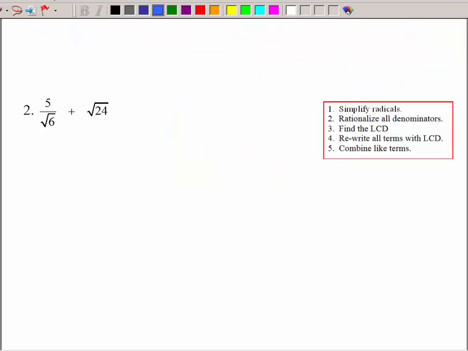Alright, so in example number 2, we're going to simplify those radicals. 6 is just 2 times 3, so I can't take out anything. But 24 is 4 times 6, which is 2 times 2, 2 times 3. Remember, for square roots, we're looking for a pair. So I have 5 over the square root of 6 plus 2 times the square root of 6.